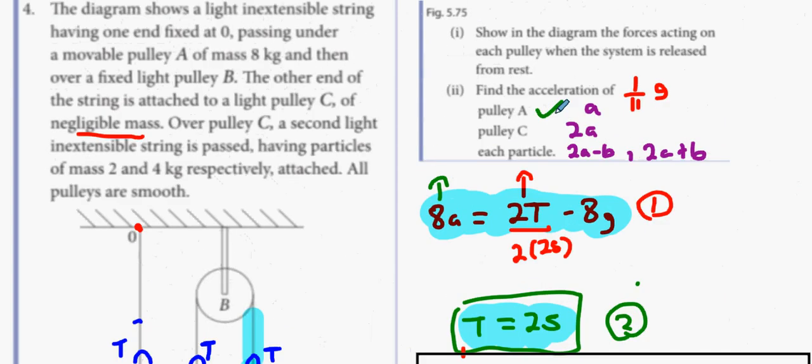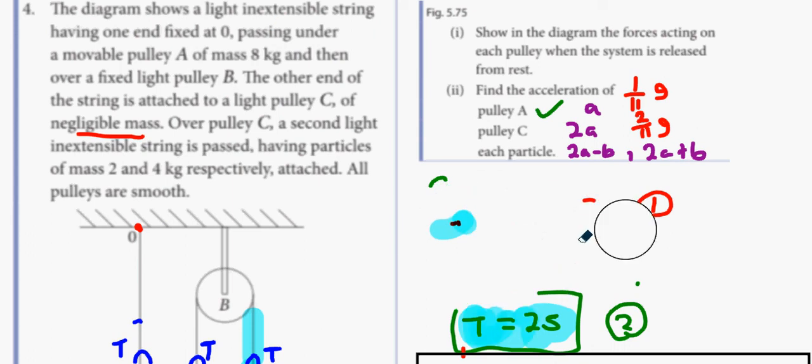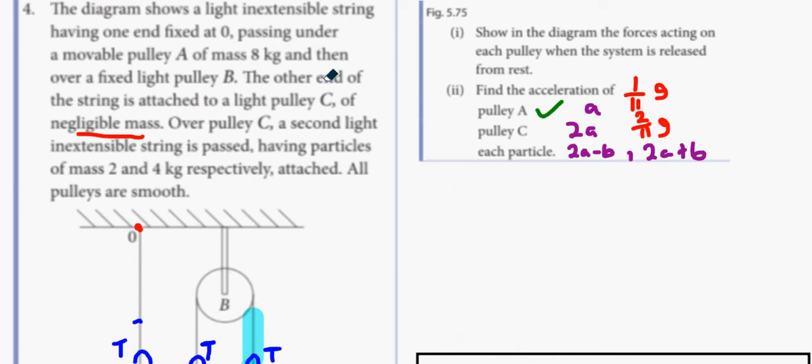Now, I have to get 2a, so if a is 1 over 11g, 2a is 2 over 11g. Next thing I have to get is 2a minus b. So 2a minus b, 2 times 1 over 11g, take away 3 over 11g.